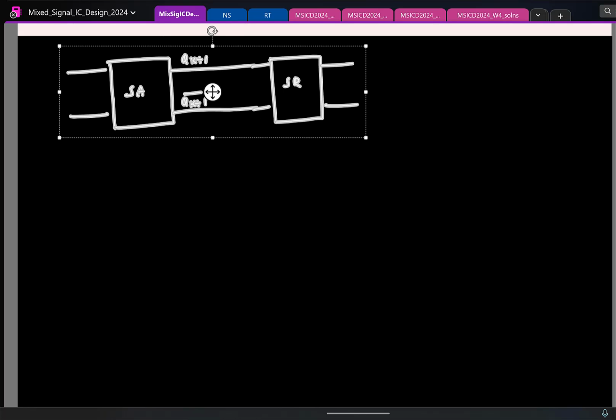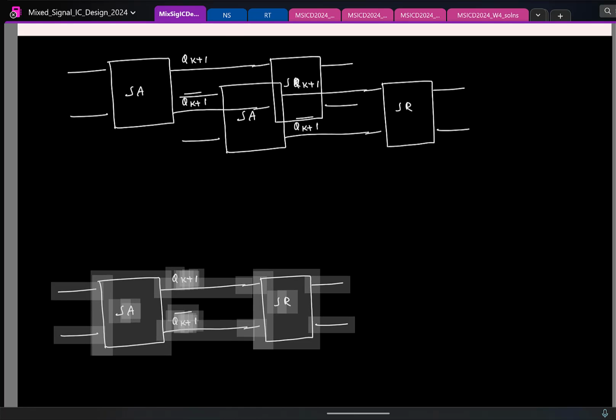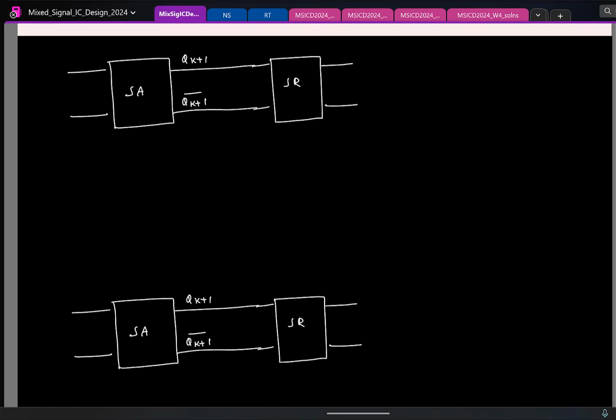Similarly, I'll have an identical structure here. Let us say this is QK and QK bar. Again, let me draw this here. This is the differential reference for the K plus 1th level, and the differential reference for the kth level.